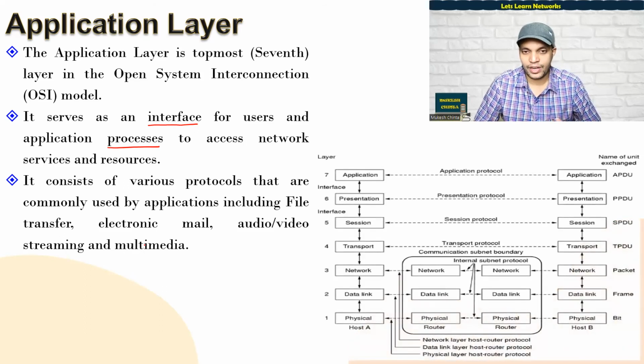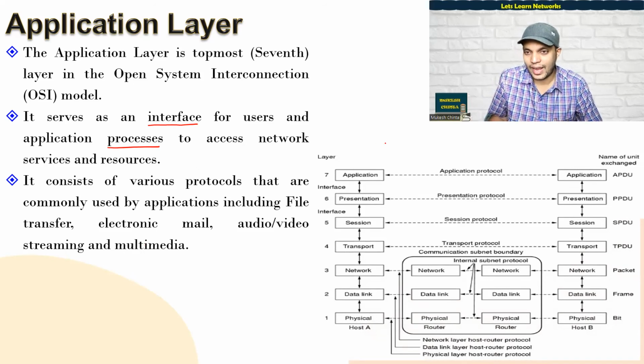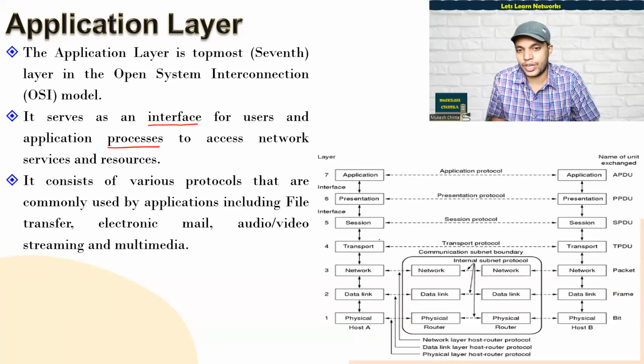Now we have explained the functionalities of each one of the 7 layers. This is the diagram which will tell you how the communication takes place.